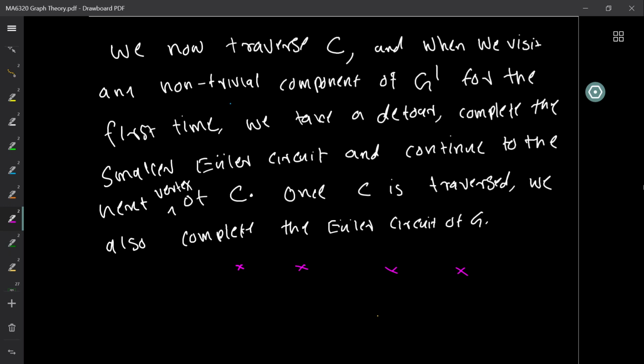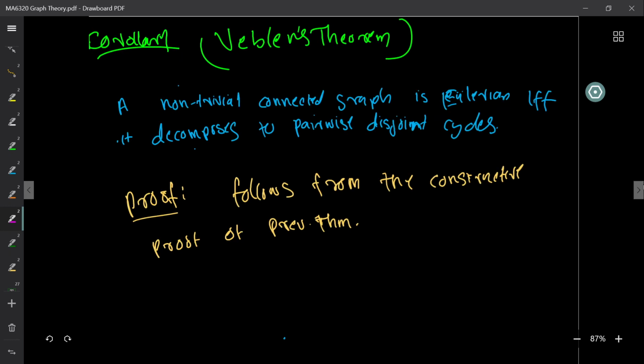Now, the advantage of this proof is that it also tells you immediately that if you have an Eulerian graph, then the edges of the graph can be decomposed into edge-disjoint cycles. This is the corollary, which is called Veblen's theorem.